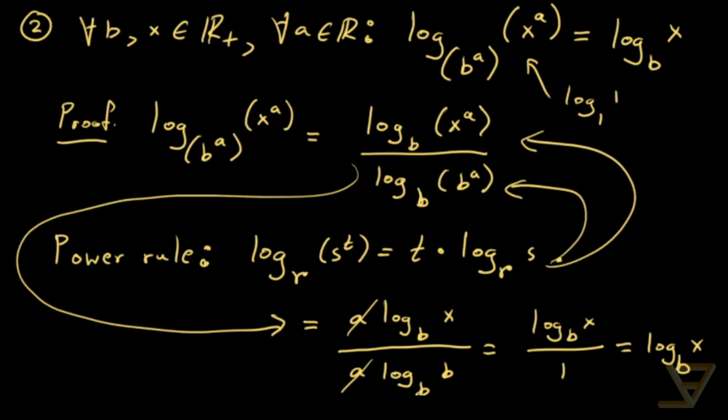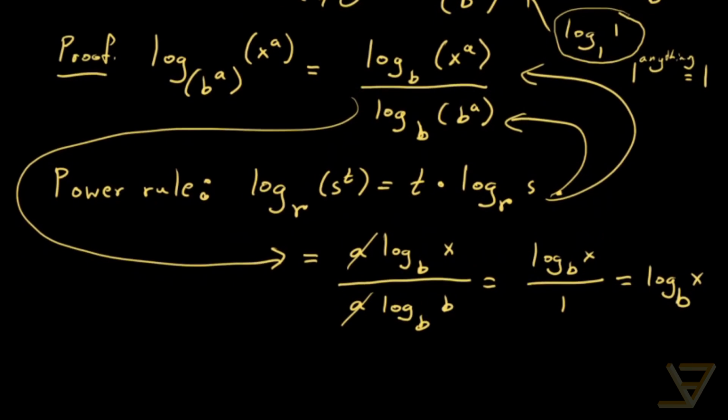And that's not actually a well-defined expression, because 1 to the power of anything is equal to 1. So this is not actually a well-defined expression. So we'll say that a is not equal to 0. So we'll exclude that possibility in order to avoid any confusion.